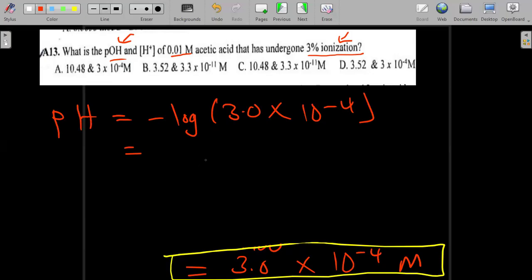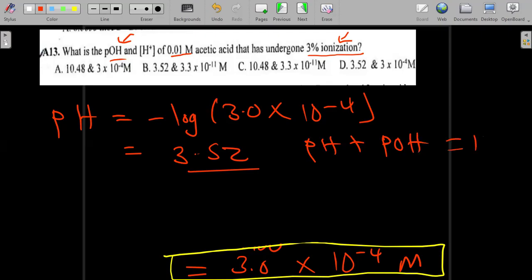When I do minus log of 3.0 multiplied by 10 to the power minus 4, I'm getting approximately 3.52 as my pH. To find the pOH, we know that pH plus pOH equals 14.